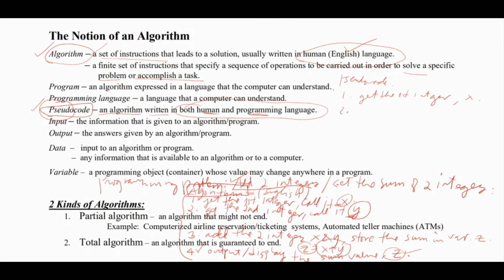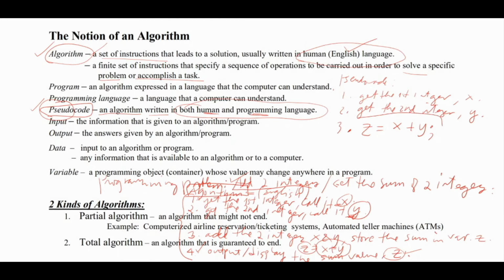The first instruction is in English language. And then the second is get the second integer y. And then number 3 is, instead of saying add the two integers x and y, we will simply say z gets x plus y, and then we put a semicolon.